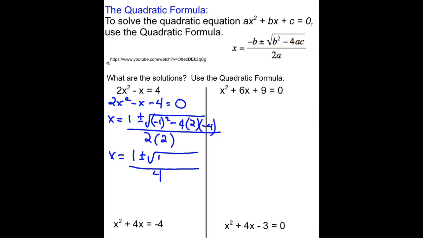Then it says we're subtracting 4 times 2 times -4. Well, 4 times 2 is 8. 8 times -4 is -32. If we're subtracting a -32, we are really adding 32. So we end up with x equaling 1 plus minus the square root of 33, all divided by a 4.